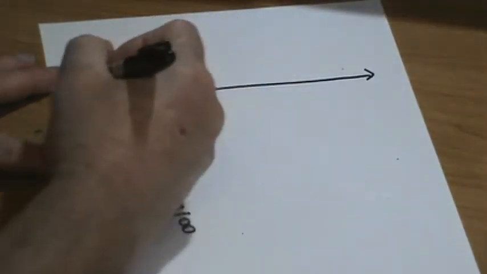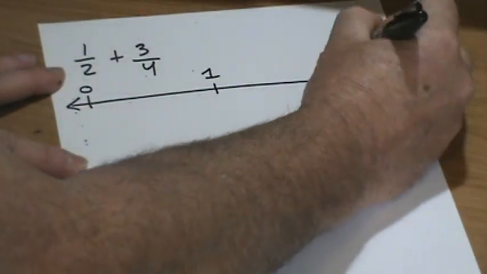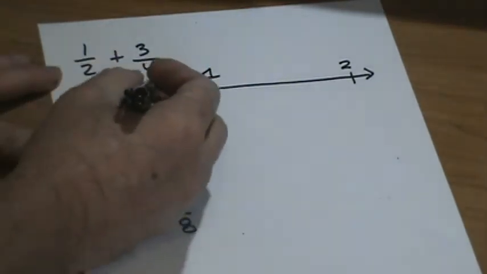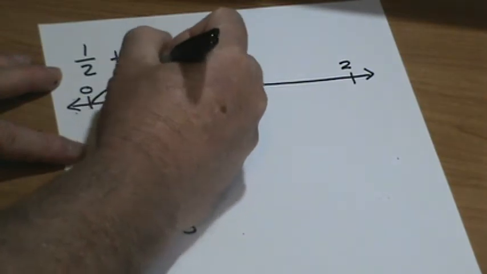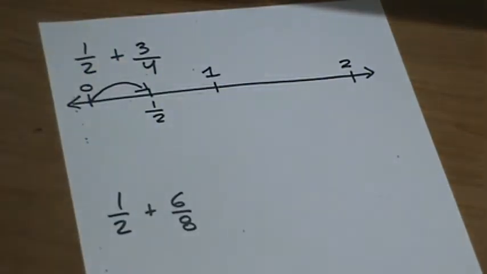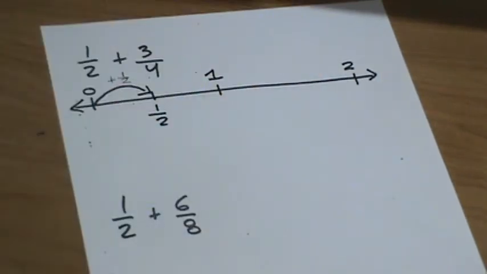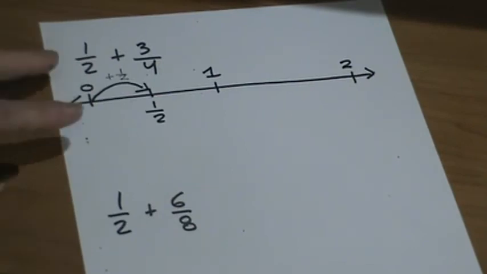This is actually 2a. 0, 1, and 2. The first thing we're going to do is find 1/2. Well, 1/2 is halfway between 0 and 1. So I'm going to go, remember this? Plus 1/2. Now I need to add 3/4 on. So to do that, I'm going to have to change these to quarters, right?